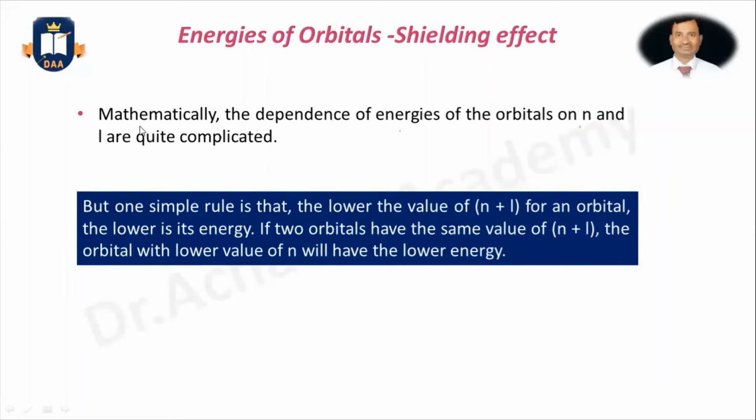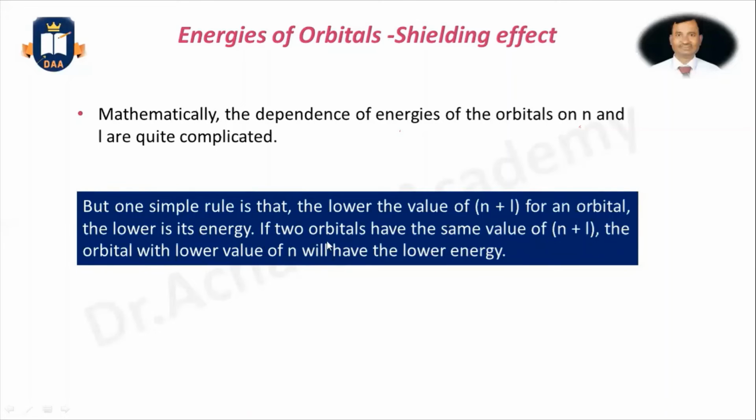Mathematically it is very complicated, but in general one simple rule is there: the lower the value of n plus l, that is the summation of the principal quantum number and azimuthal quantum number, for an orbital, the lower is its energy.